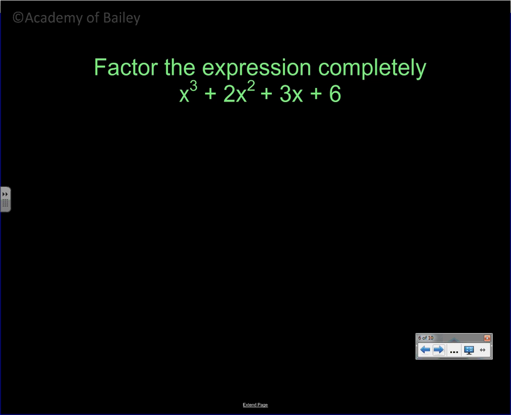Now, factor the expression completely. What number or variables, what factors can you pull out of this expression? I'm looking at x, x, x. There's an x in the first 3, but no x in the last term of 6. So you cannot factor out an x.